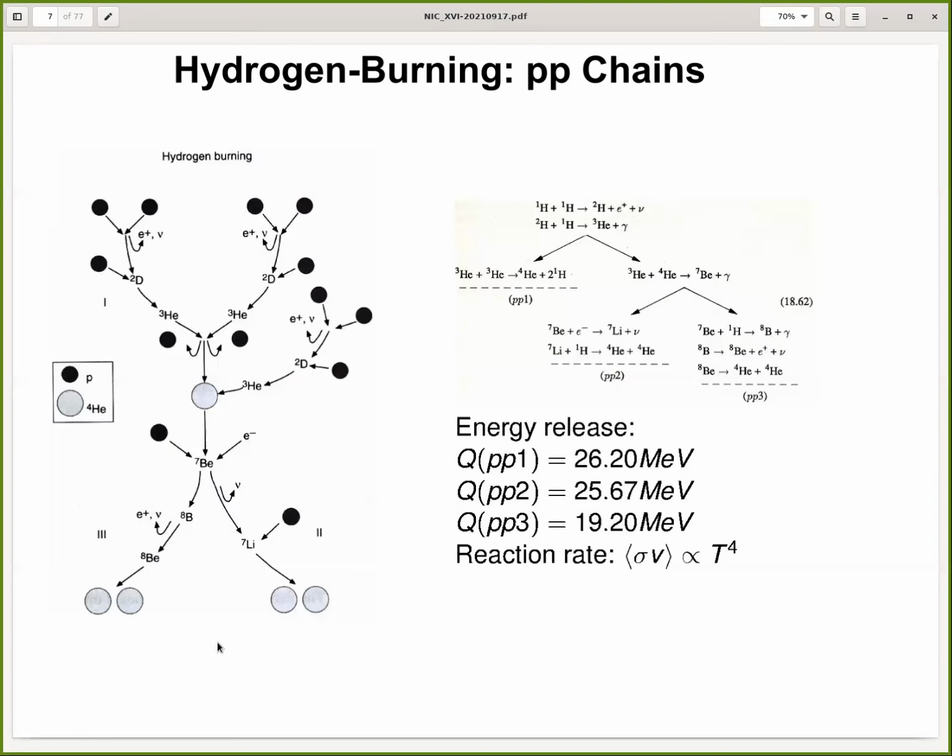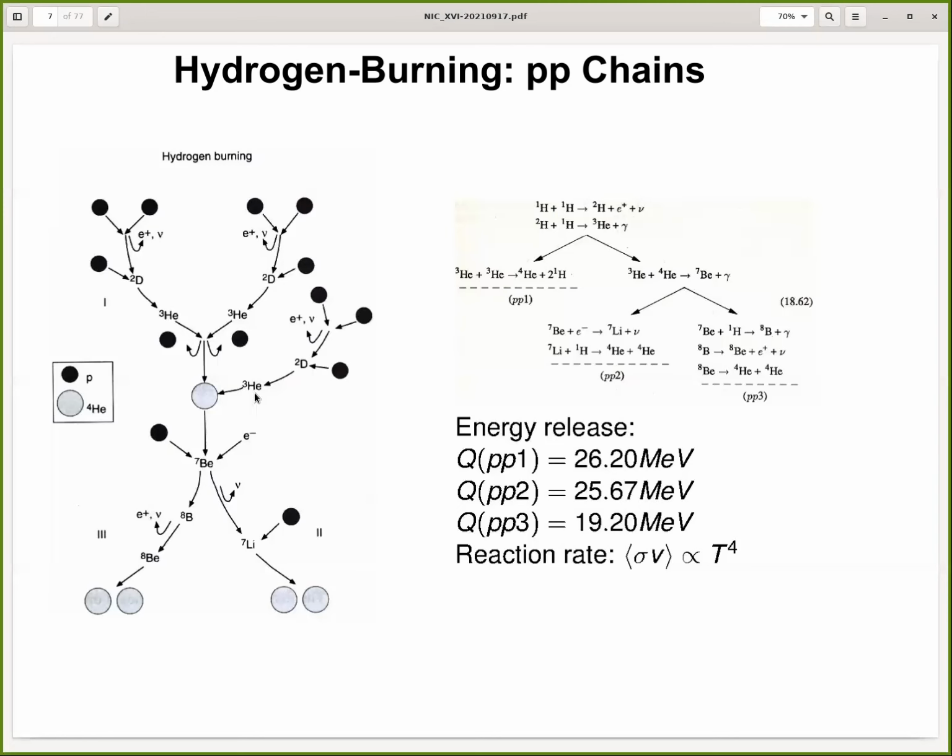So you have basically 3 different ways of making that, and they are accordingly called the PP1, PP2, and PP3 chain, because you always have to start at some point at least to get 2 protons come together and convert a proton into a neutron, which is required.